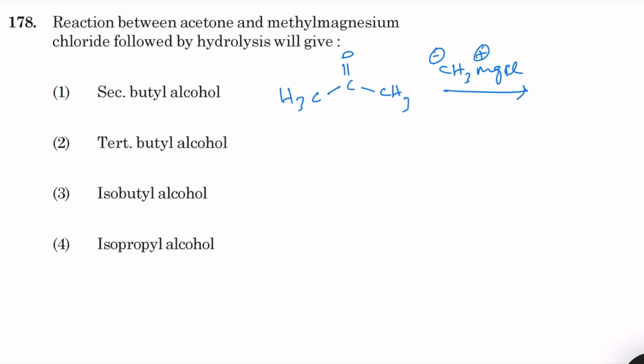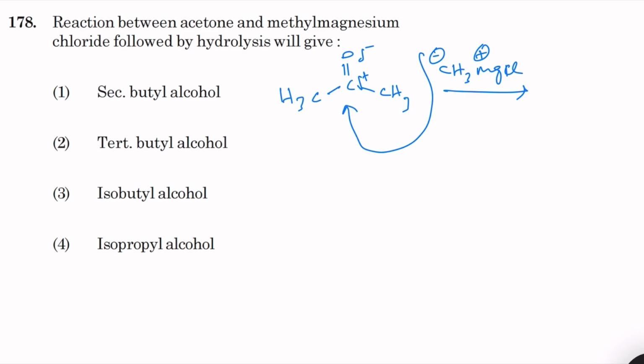This strong nucleophile will attack the electrophilic center here because oxygen is more electronegative than carbon, so the polarity is delta negative on the oxygen and delta positive on the carbon. So this is an electrophilic center, and the Grignard reagent is a strong nucleophile.